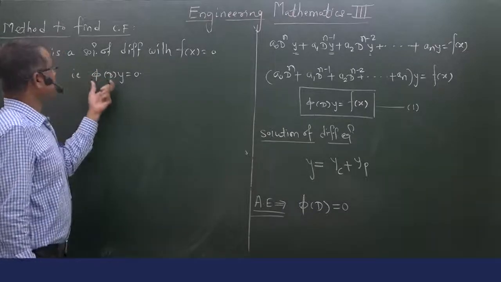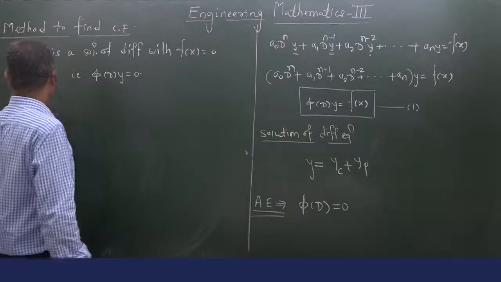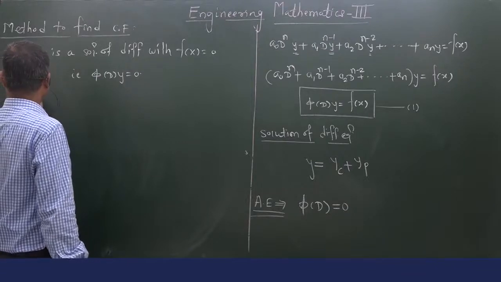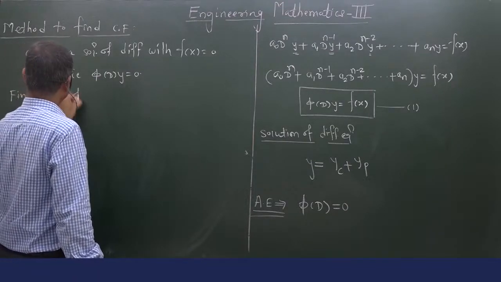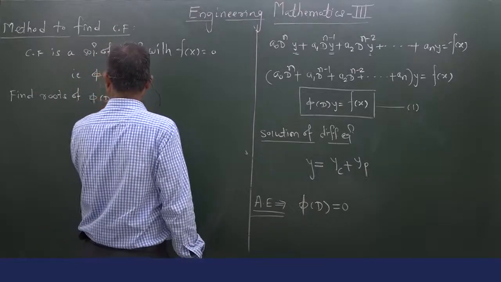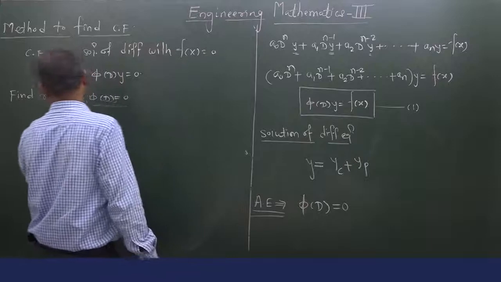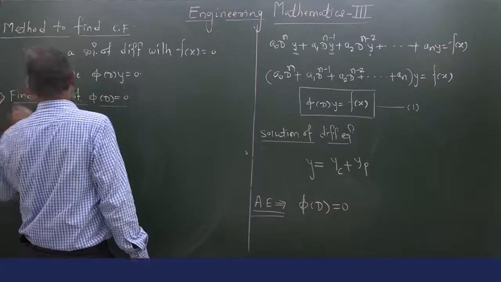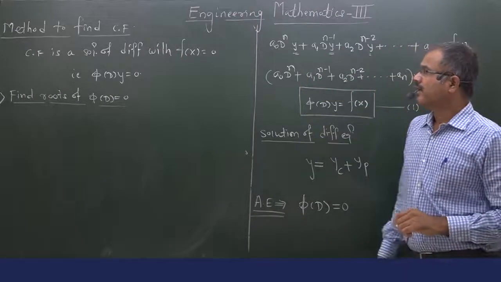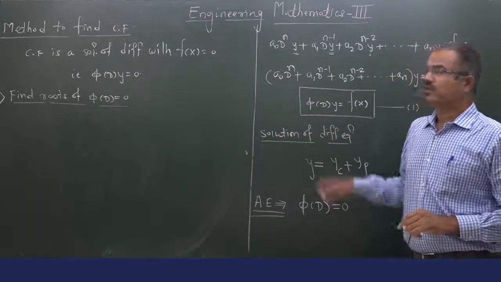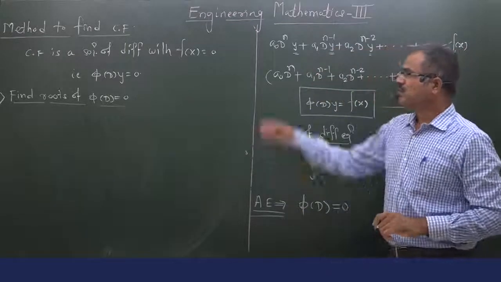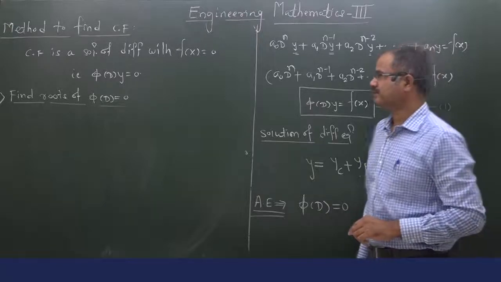First find the roots of auxiliary equation phi of D is equal to 0. Now the solution of differential equation phi of D y equal to 0 depends on roots of auxiliary equation.